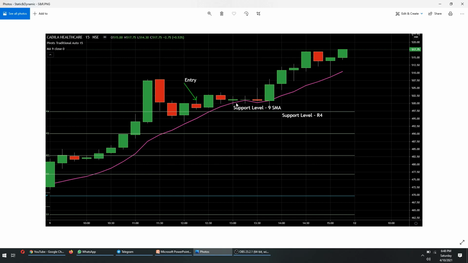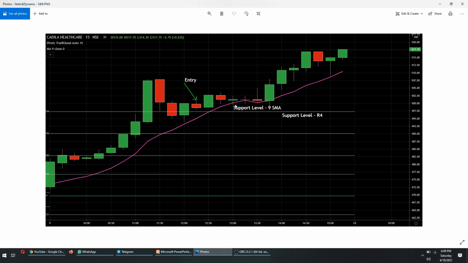This purple line, that is the 9 simple moving average, is the dynamic support here. You can clearly see that all the candles are touching that particular support level, but none of them have breached that support level and closed below it. So this gives you a confirmation, a strong message, that you can stay back in the trade and you can expect Cadilla to move up further.